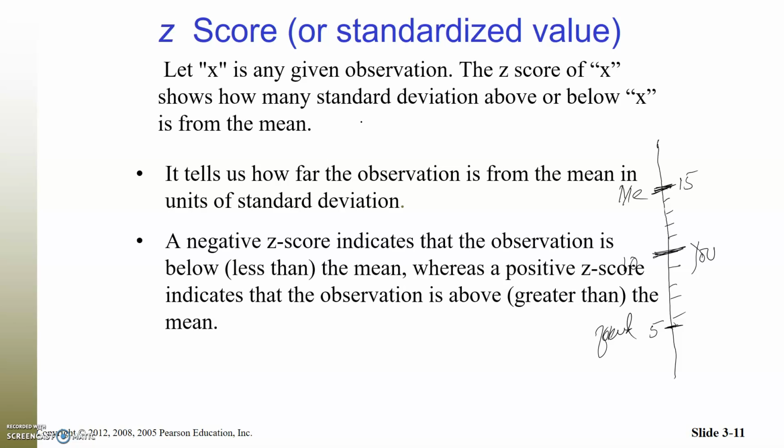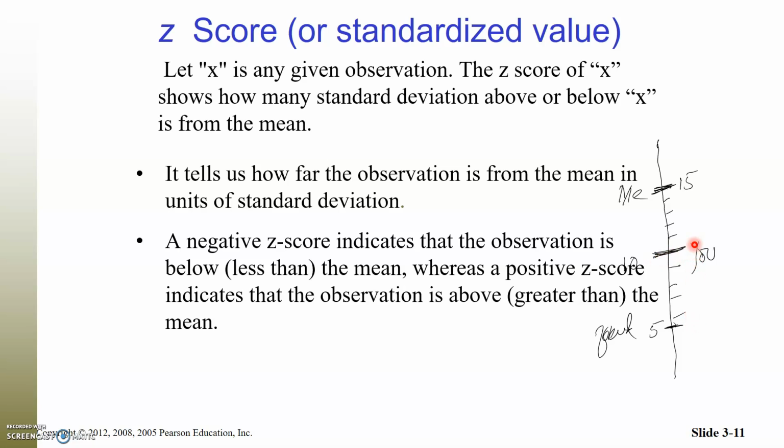Remember, the z-score can be positive, negative, or 0. If the z-score is positive, then the observation is always above the mean. If the z-score is negative, the value is always below the mean.